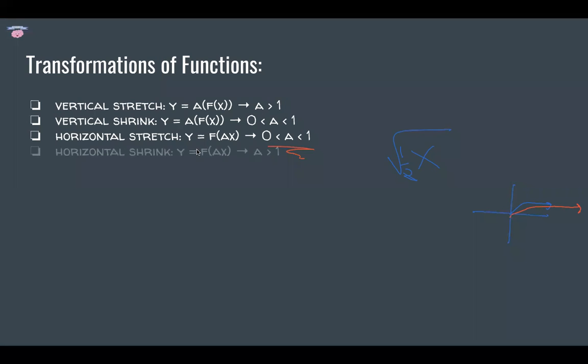And then we have horizontal shrink, which looks something like this. 2x. So the function would be something like this. Yeah, I know it's hard to see on this.